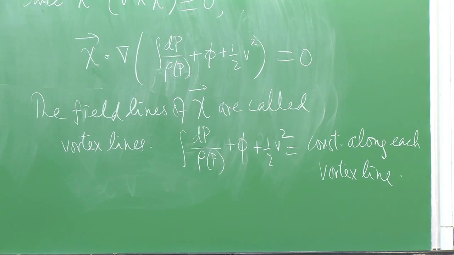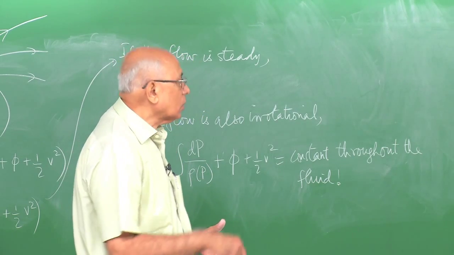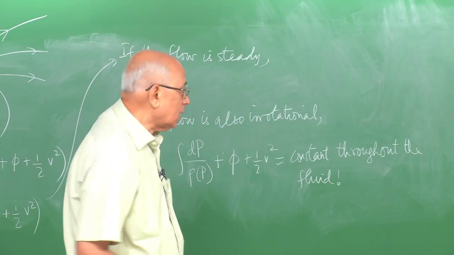So, this quantity is constant not only along each streamline, but some given value along each streamline, it also has some given value along each vortex line.